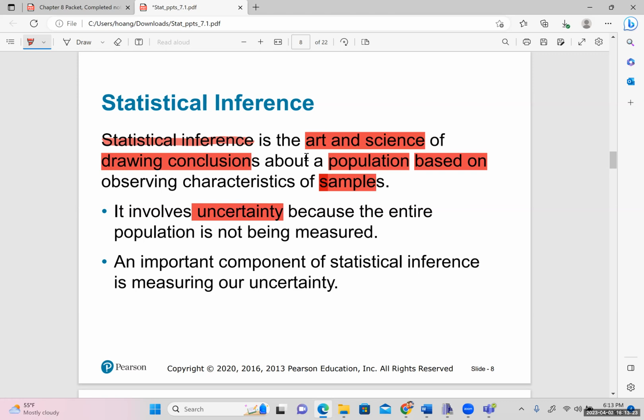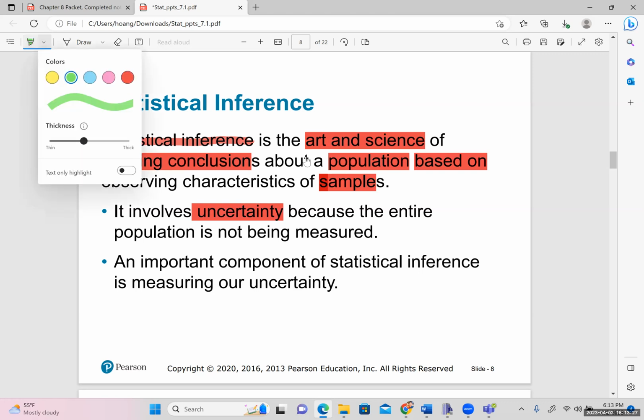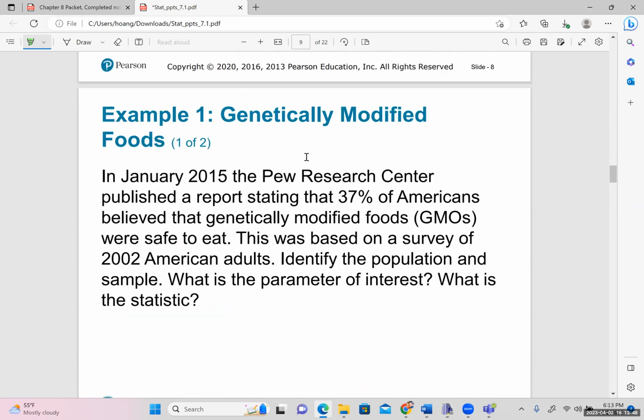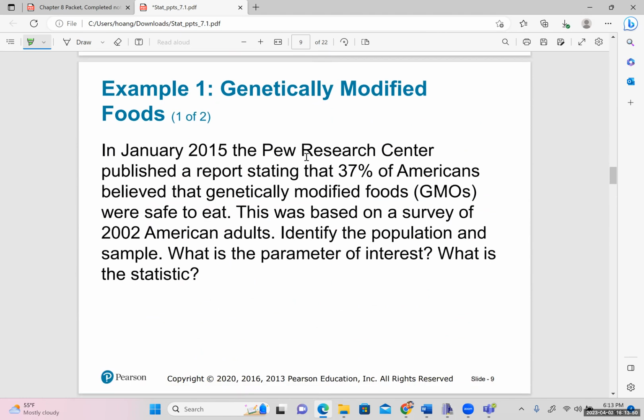An important component of statistical inference is measuring our uncertainty. So let's move to an example to understand that.